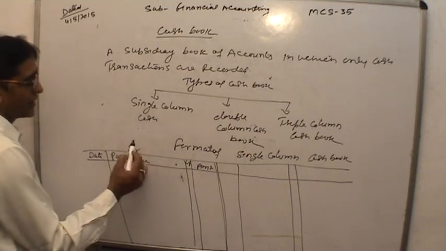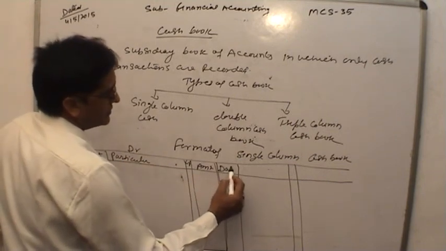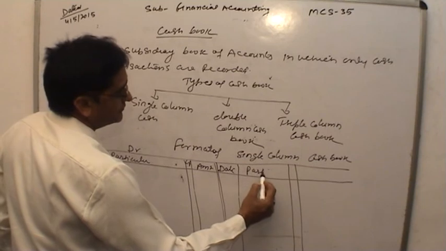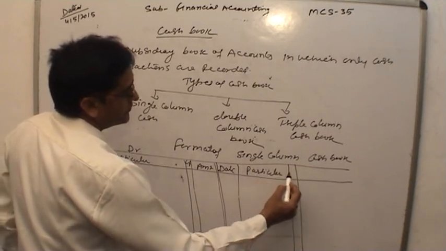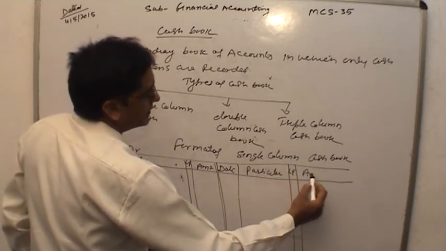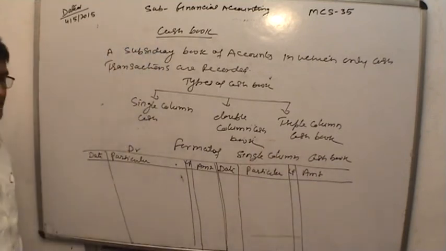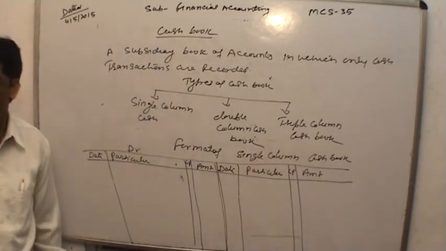This side is called debit, then date, particular, ledger folio, and this is the amount. And this is the format of single column cash book.